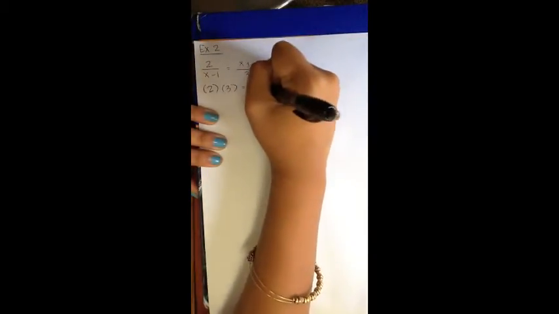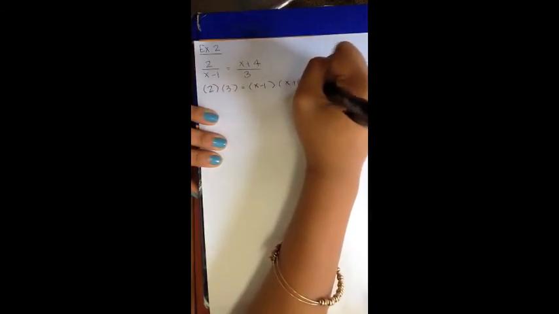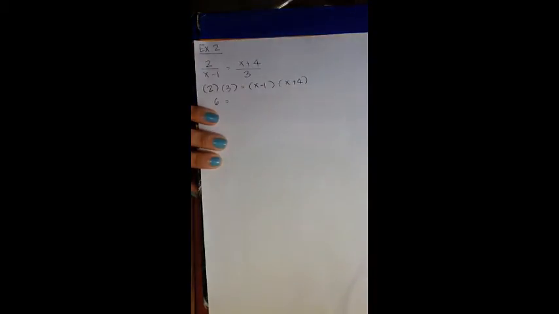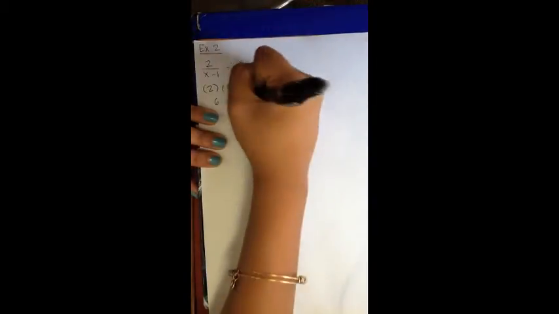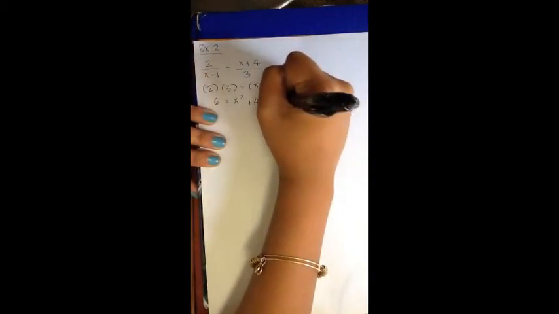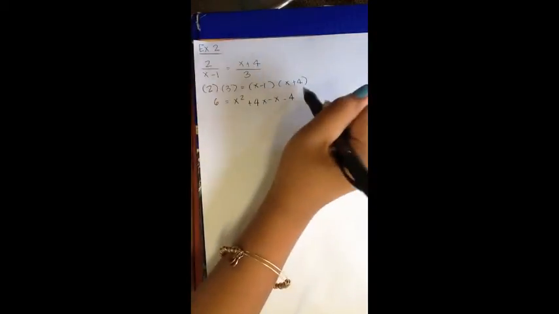So 2 times 3 equals x minus 1 times x plus 4, so you'll have 6 equals, and then you have to FOIL this, so first, outer, inner, last. So you'll get x squared plus 4x minus x minus 4, because negative 1 times positive 4 is negative.